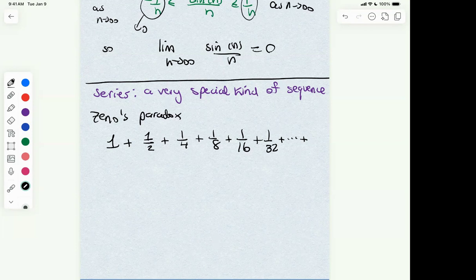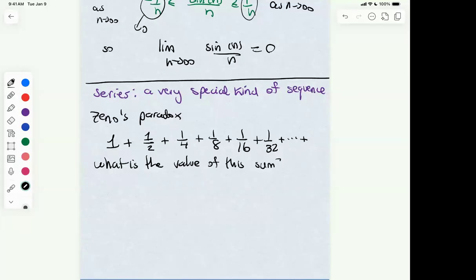So the dots, of course, that's not super precise. The idea is to turn that into a limit, at least for us to handle it.